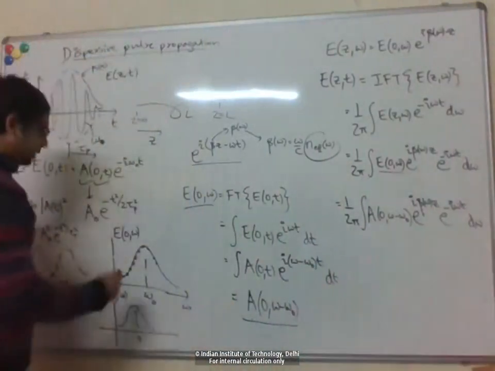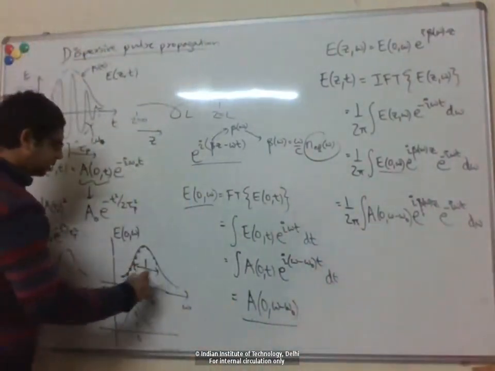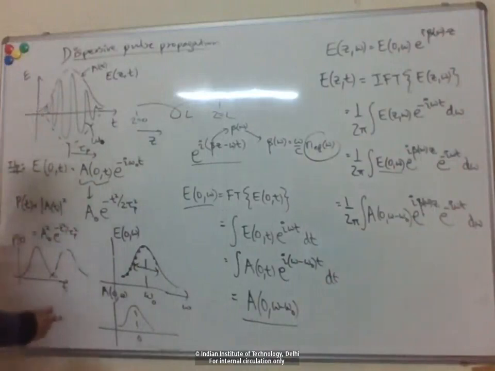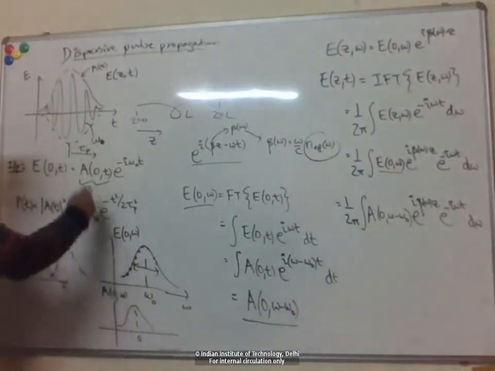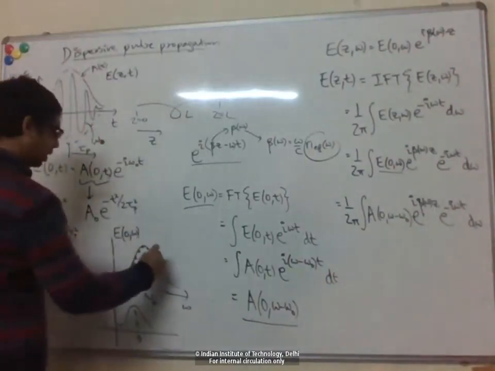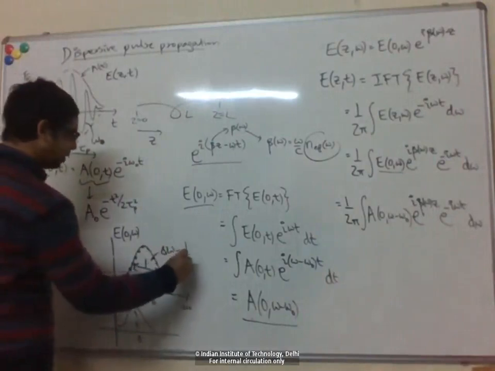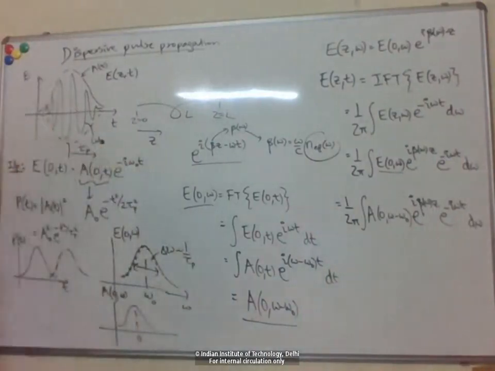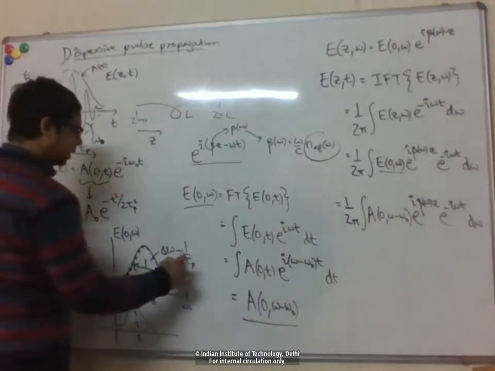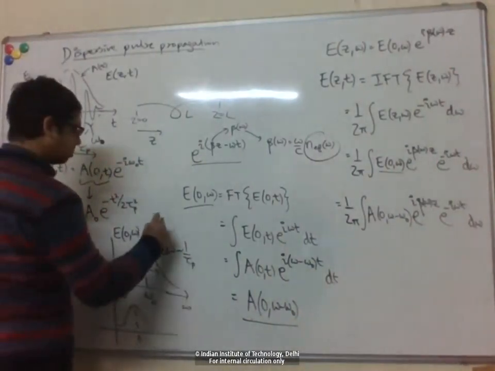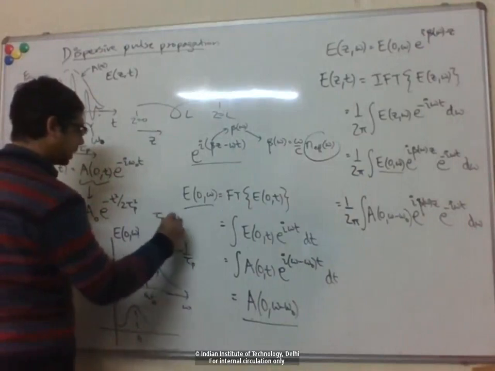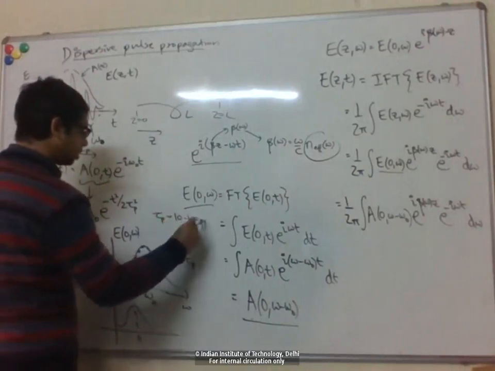So what we do is we say that this bandwidth here, we saw, roughly would be, as we said, the inverse of the pulse duration in the time domain, right? Again, we are considering pulses which are, let's say, tens of picoseconds.